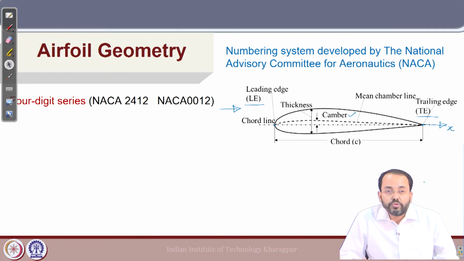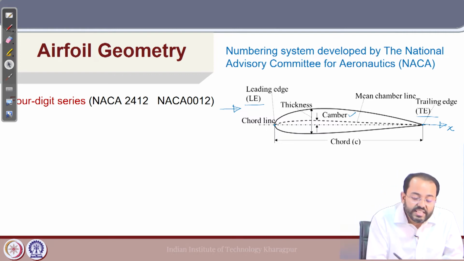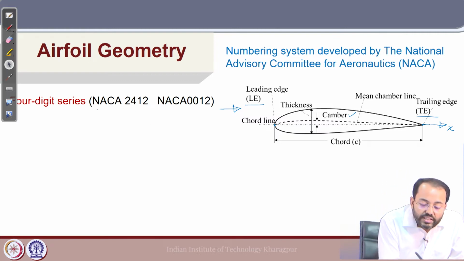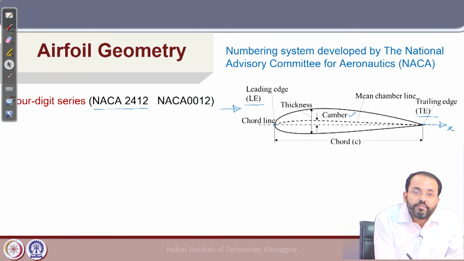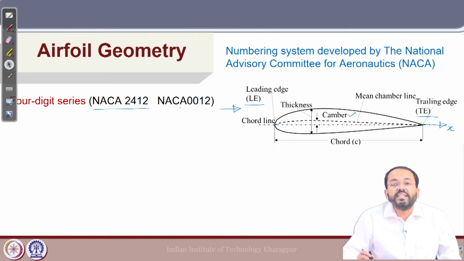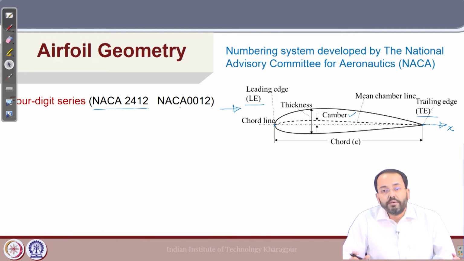One of the most popular airfoil series is the 4-digit series, where the nomenclature is in this way. After NACA, we have 4 digits representing certain aspects of the airfoil sectional geometry.